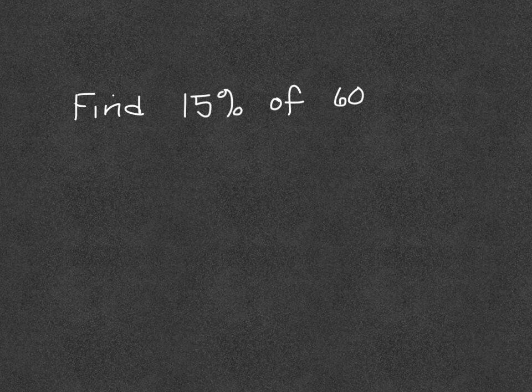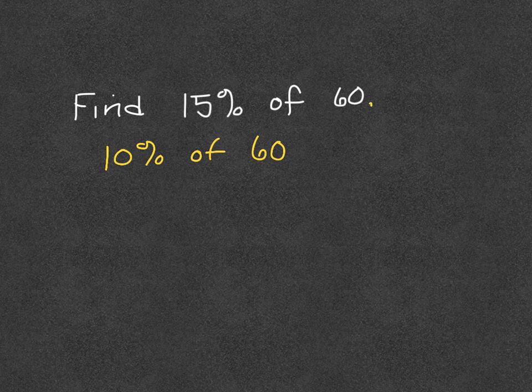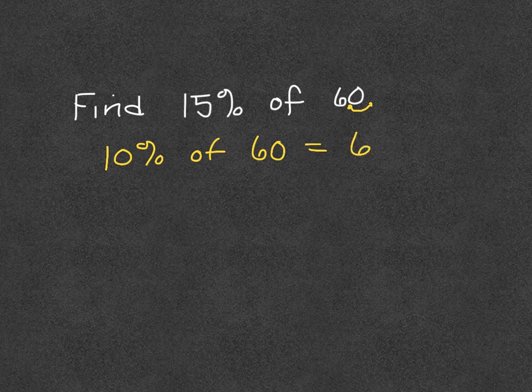Find 15% of 60. Well, again, I'm going to go by my basis of let me find 10%. 10% of 60. Again, remember the decimal in 60 is right there. I'm going to bump it over one place. 10% of 60 is 6. Well, how am I going to get to the 15 from the 10? Well, I can do this maybe this way. 15% is 10% plus another 5%.